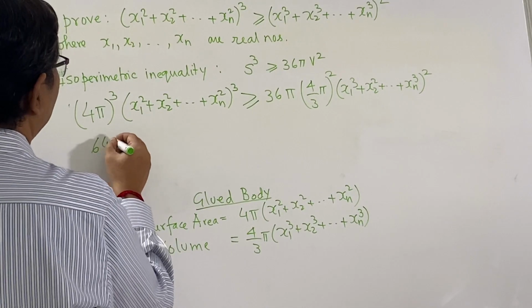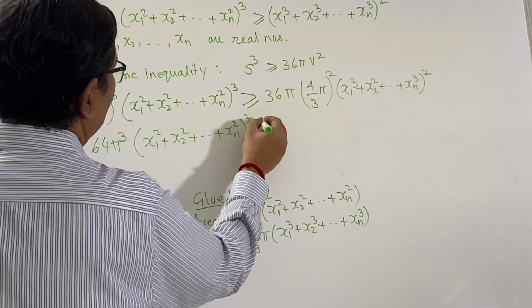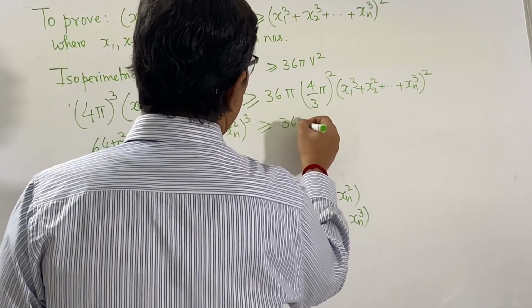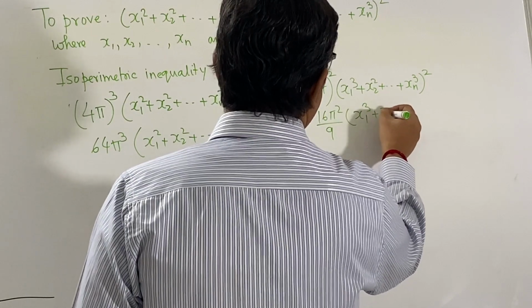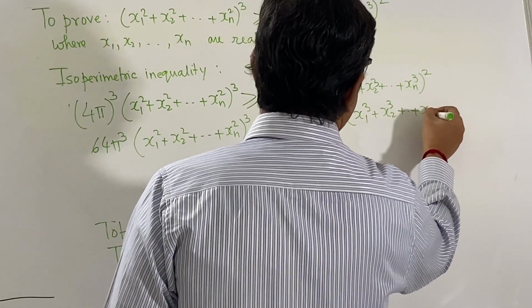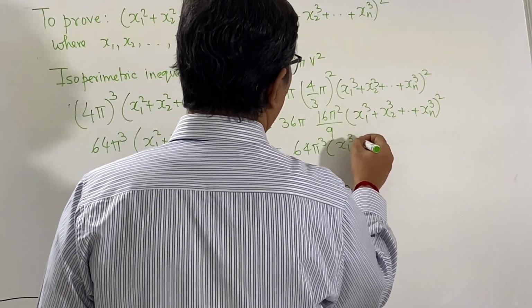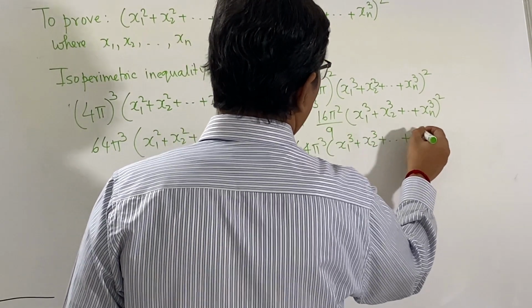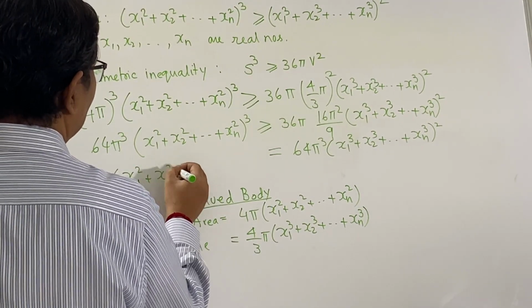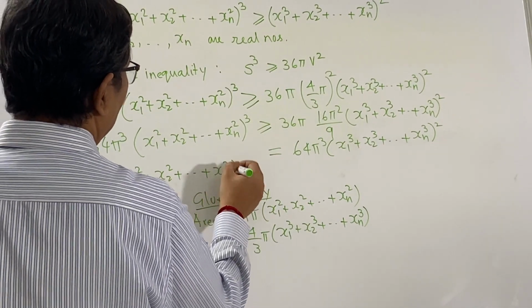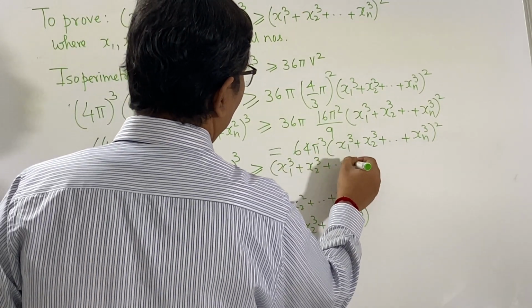So you have 64π³(x1² + x2² + ... + xn²)³ greater than or equal to 36π times 16π²/9 times (x1³ + x2³ + ... + xn³)². Now this is nothing but 64π³ times (x1³ + x2³ + ... + xn³)². Cancelling 64π³ on both sides, we get the required inequality, which is (x1² + x2² + ... + xn²)³ is greater than or equal to (x1³ + x2³ + ... + xn³)².